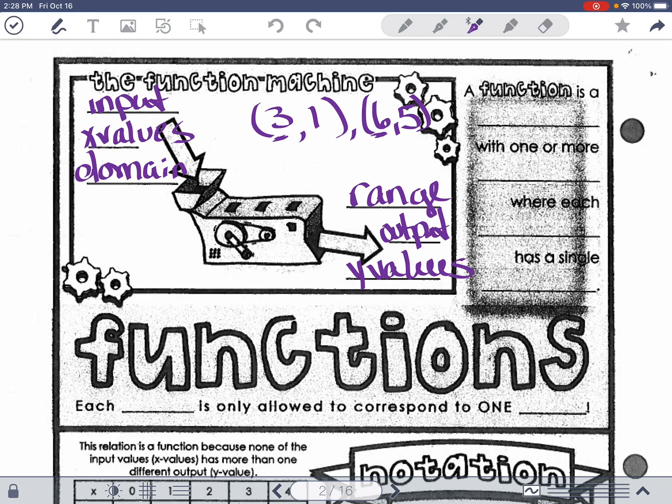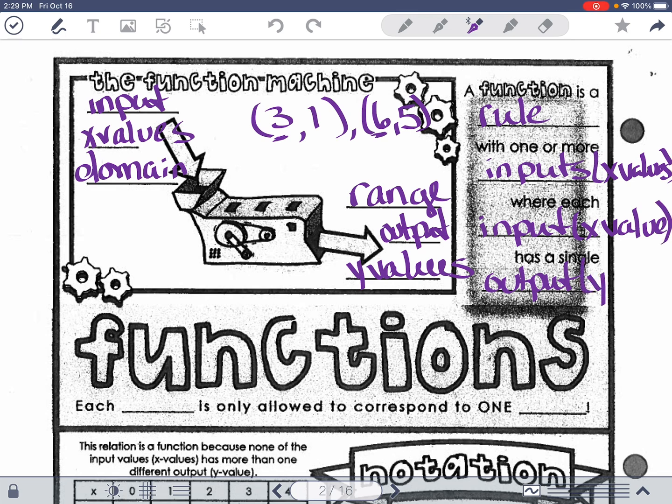So a function is a mathematical rule with one or more inputs, where each input, one or more x values, has a single output. An x value has one y value.